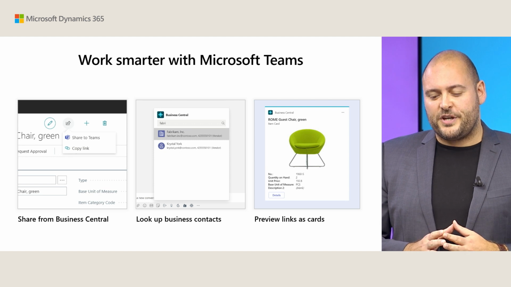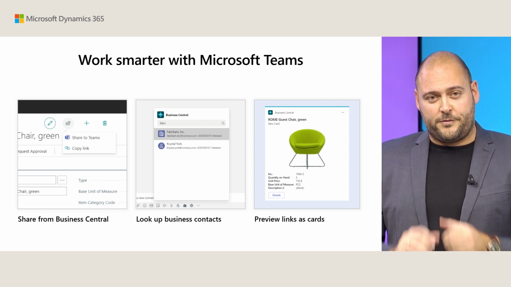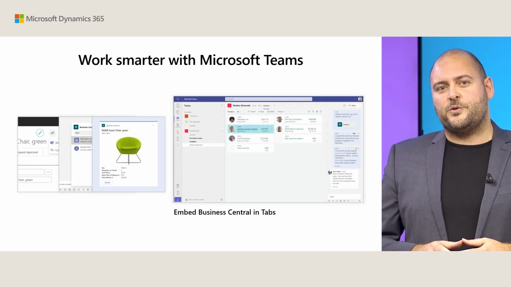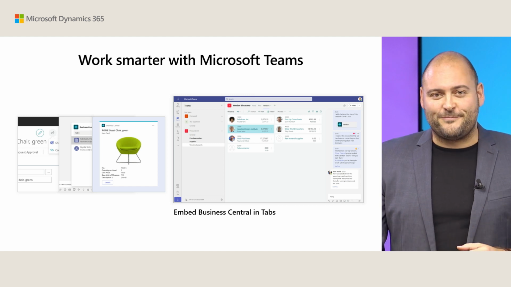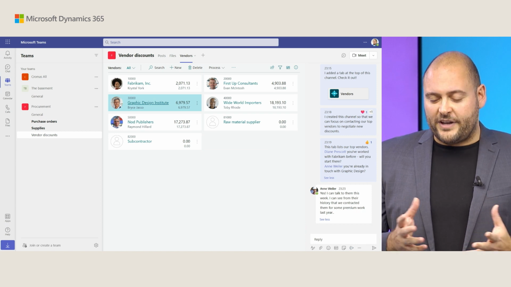And now we're introducing a whole new way of bringing business data into the flow of your work. You can now embed Business Central inside a tab in any Teams chat or Teams channel. And it's very powerful, it's seamlessly integrated. Here we're opening a window to Business Central, which means you can view up-to-date records, and you can edit and create new data.